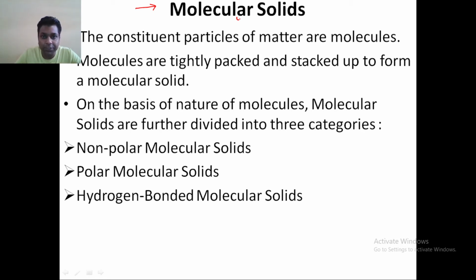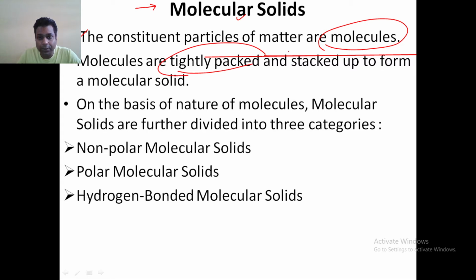Molecular solid means we are having solids and we are having molecules. See the first point written here: the constituent particles of matter are molecules, and in this case the constituent particles of these solids are tightly packed, and they form the molecular solid.